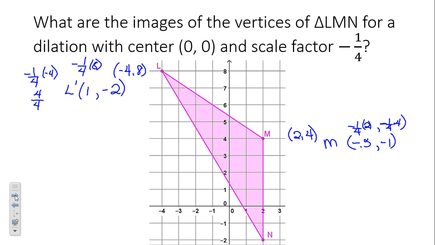So M prime is negative 0.5, negative 1. Plot that one. Negative 1/2, negative 1. Okay, so we go left 1/2 and down 1, and this is my M prime. And this one was 1, negative 2, so this is my L prime.